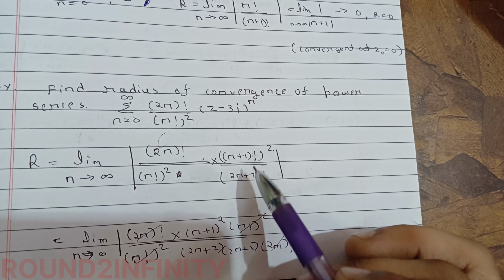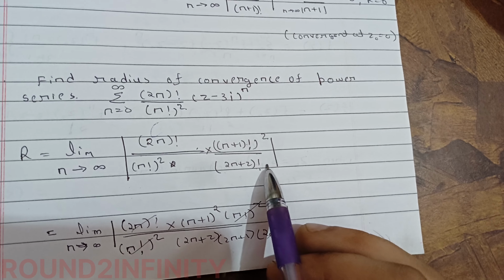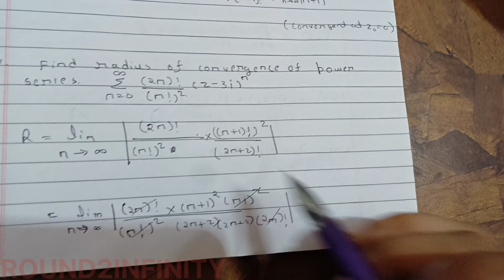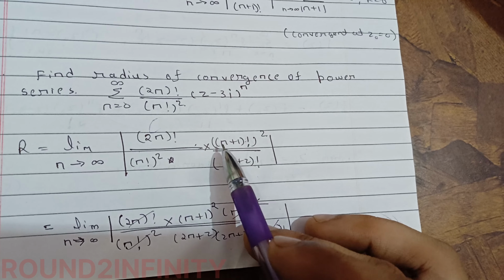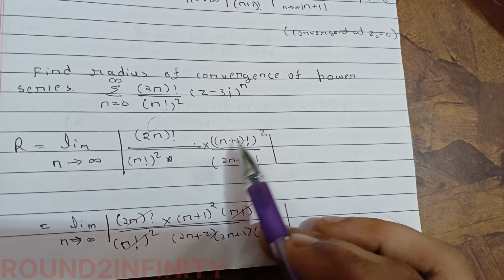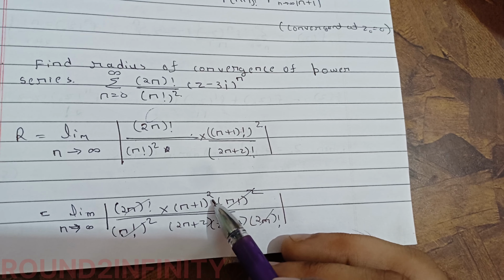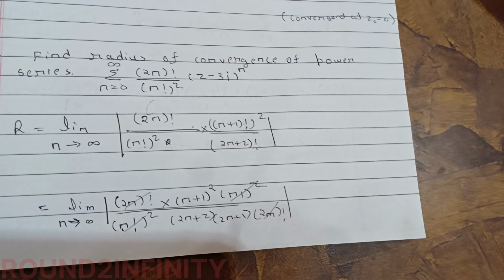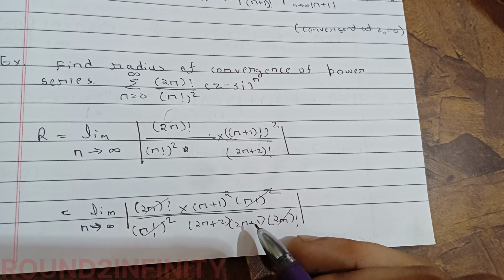That will go to the numerator. Now 2n plus 2, 2n plus 1, then this will cancel out. So you will get these two terms here. And same here, the n plus 1 and both factorial square. So n factorial square will cancel out. You will get n plus 1 square.